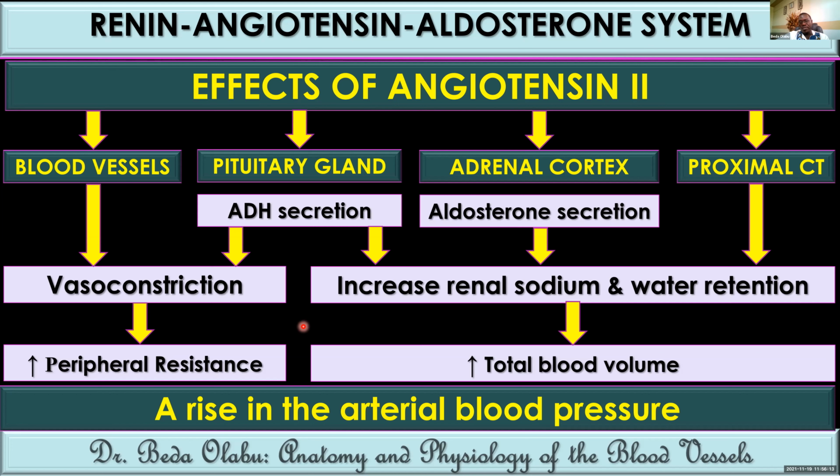Remember, if you inhibit this system, then you lower the blood pressure. If you activate this system, you will increase the blood pressure. So antihypertensive drugs that inhibit this system will basically lower the blood pressure. Maybe you know some of those ones.